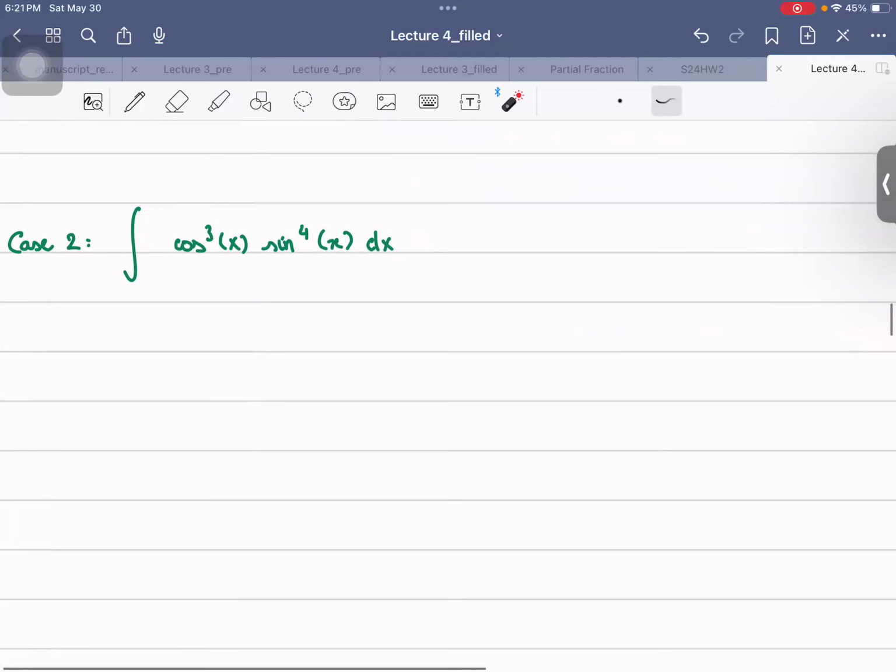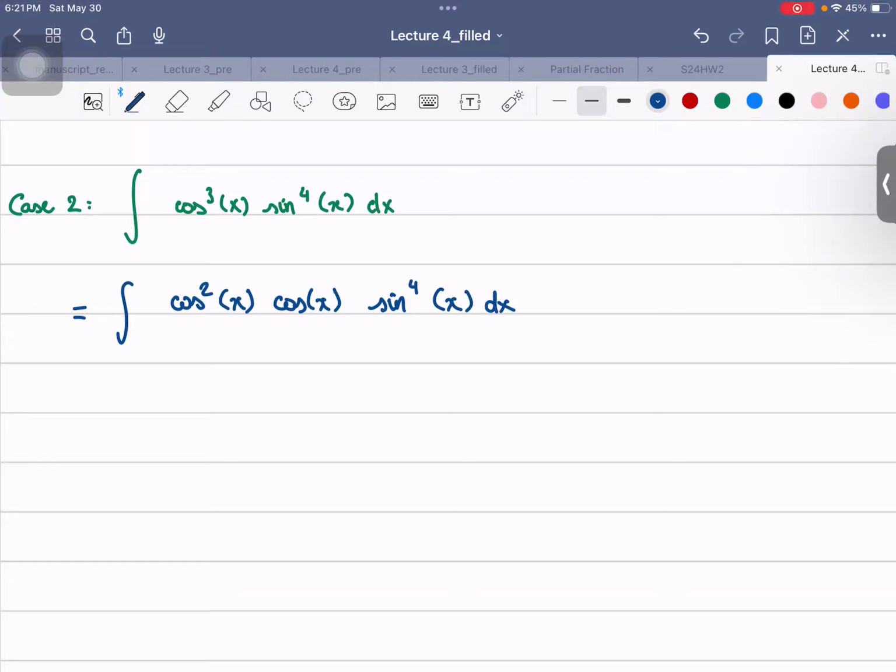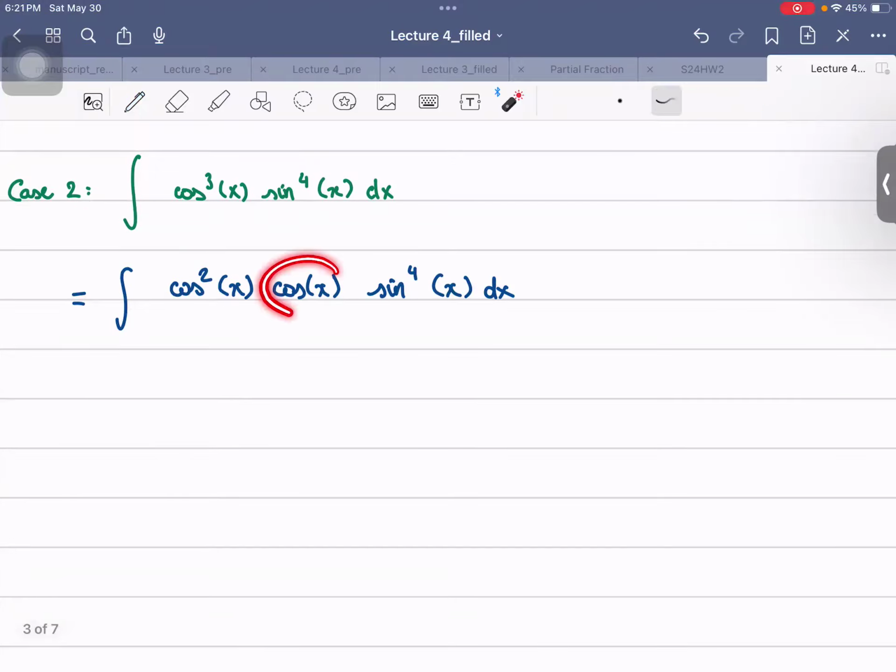Up here, I don't care about sine to the power of 4, because cosine has an odd power, so I'm going to split it. Firstly, we can rewrite this as cosine squared of x times cosine of x sine to the power of 4 x dx.